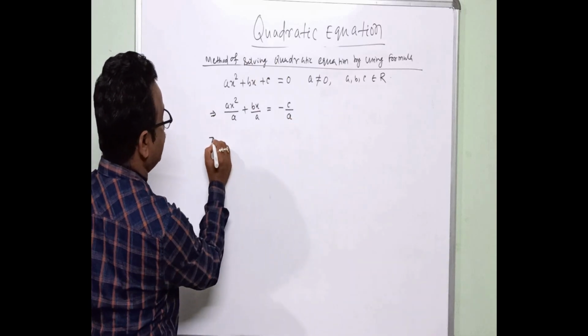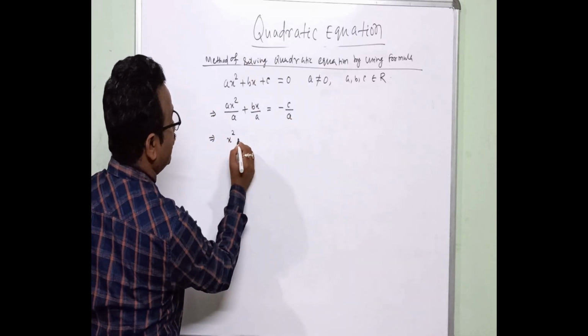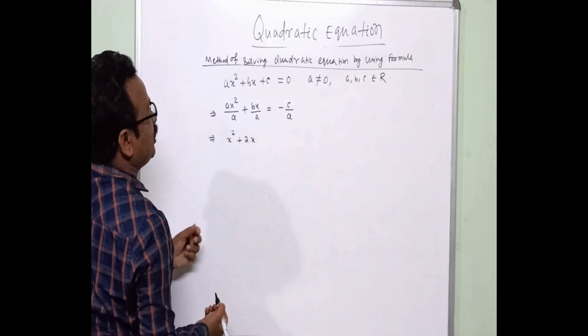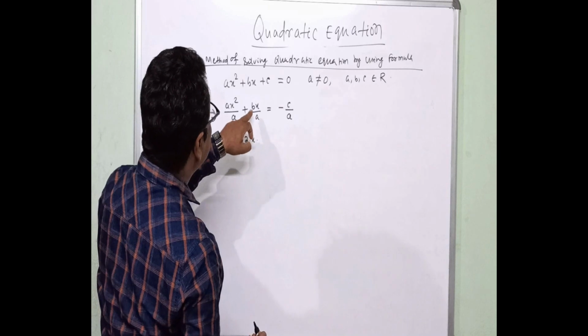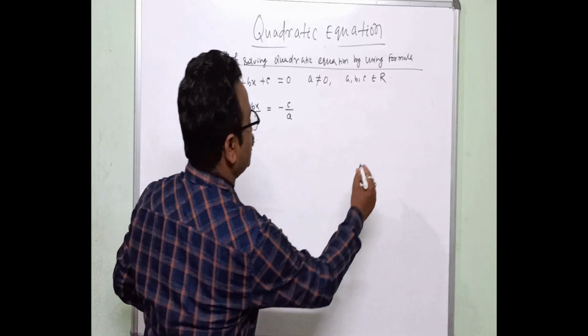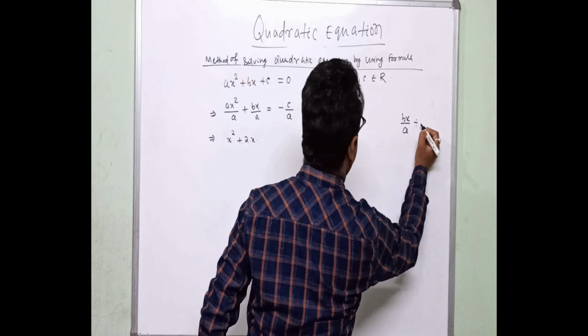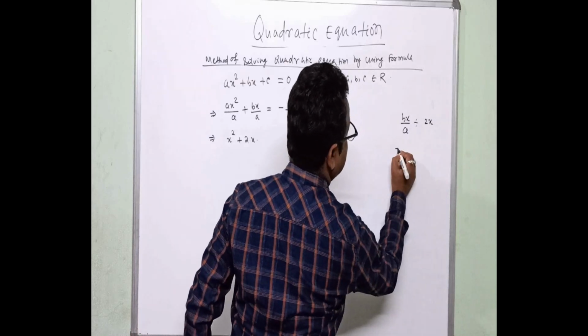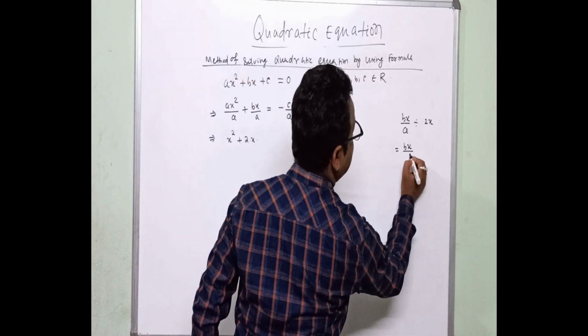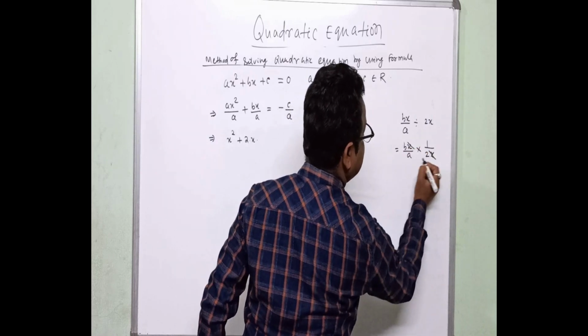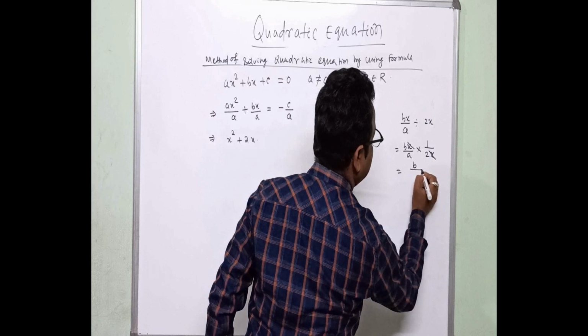That implies x square plus 2 into x into, we have to get bx by a, so bx by a divided by 2x is equal to bx by a into 1 by 2x, x cancelled, that is equal to b by 2a.